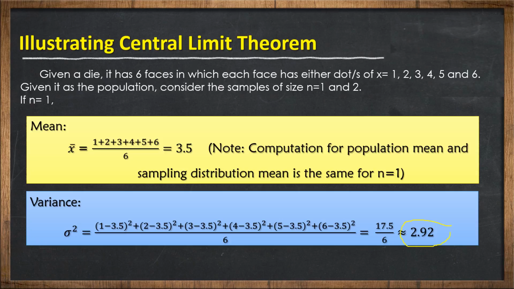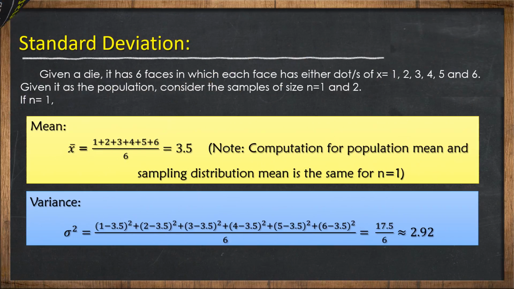Okay? Standard deviation, same scenario. Given a die, it has 6 spaces again. Therefore, again, the computation of the population mean is 3.5. So, therefore, we can get 2.92 also.